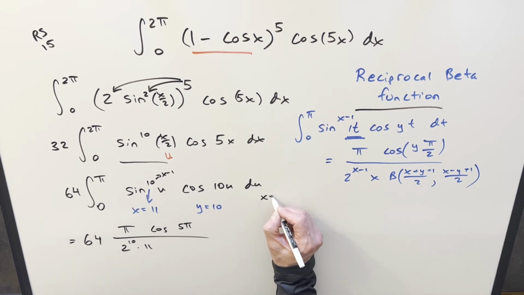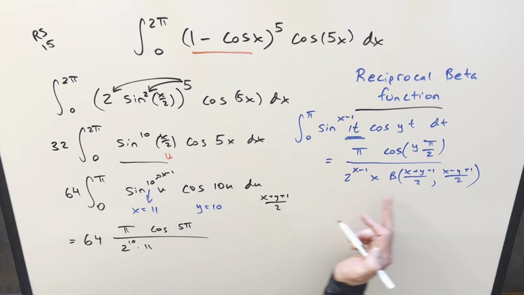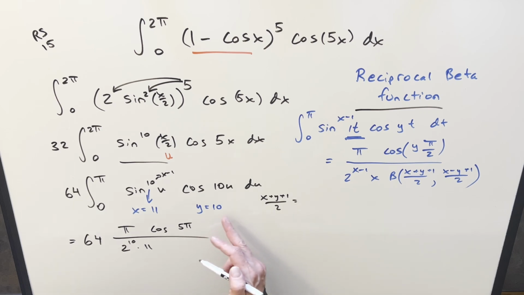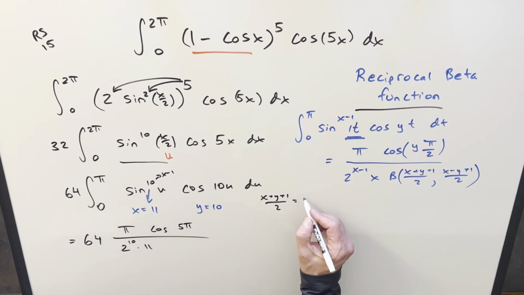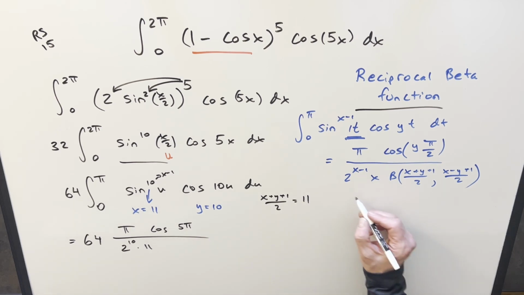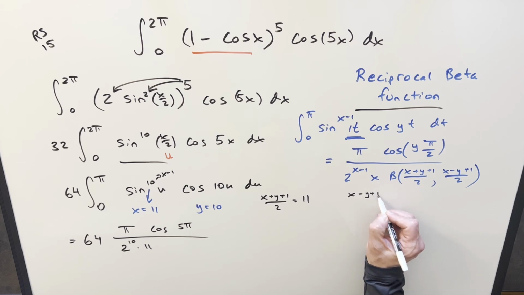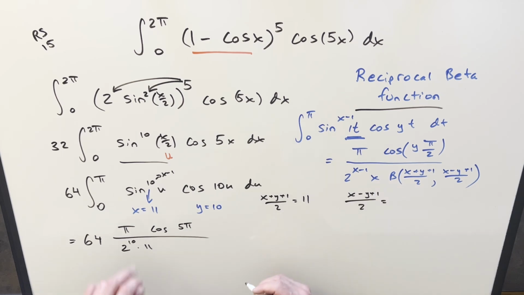So x plus y plus 1 over 2 for this first piece, that's going to be 22 over 2, or 11. And then for the other part, x minus y plus 1 over 2, x minus y is just 1, plus 1 is 2, over 2, that's 1. So what we have here is just the beta function of 11, 1.